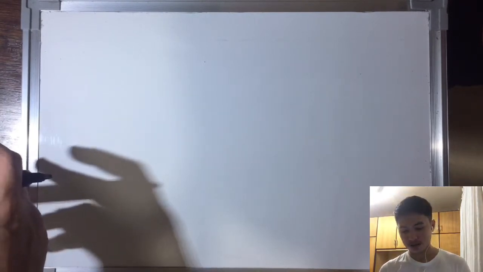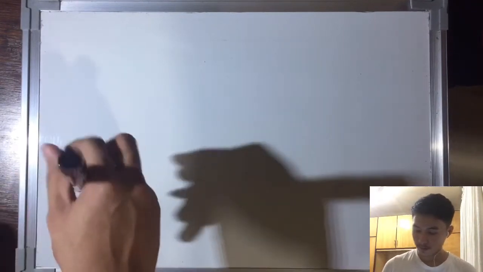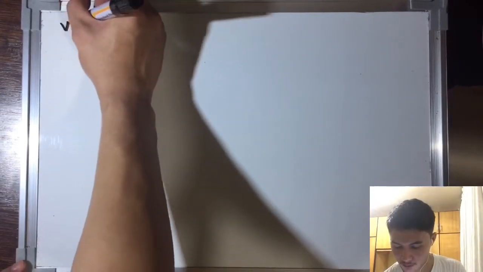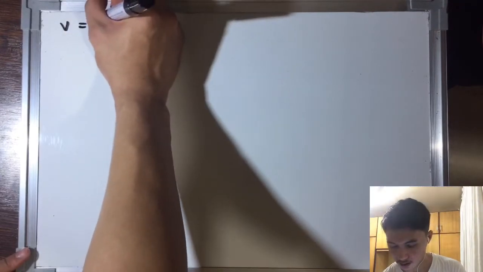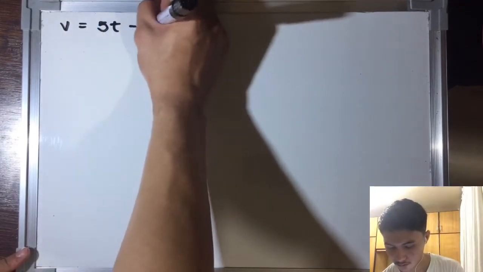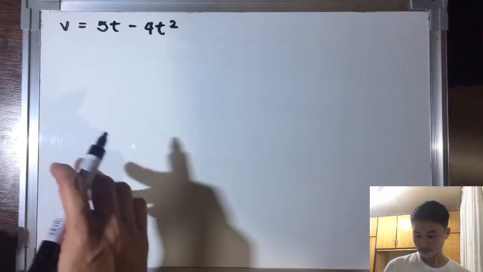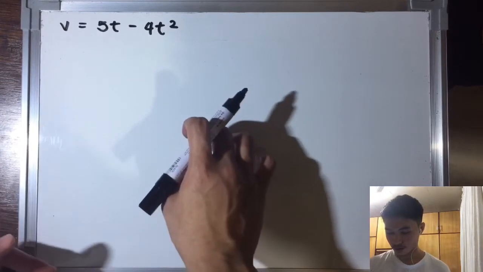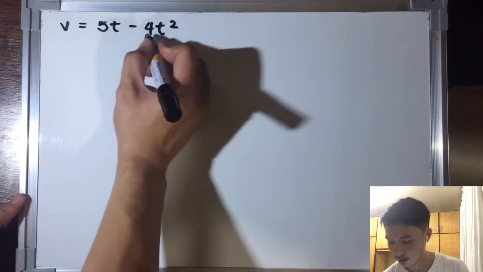So another requirement in this problem is the distance. Calculate the distance that the particle has traveled during the given time interval. So we are going to solve for those time intervals. In order for us to solve for that, we are going to use the quadratic formula. The given that we are going to use is the velocity, which is 5t minus 4t squared. There is a rule in using the quadratic formula: the squared term should not have a coefficient here.